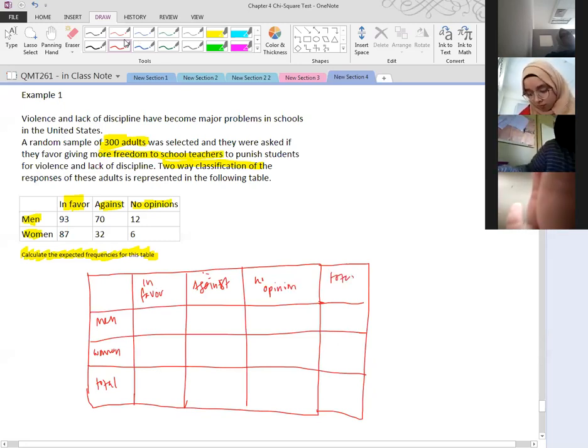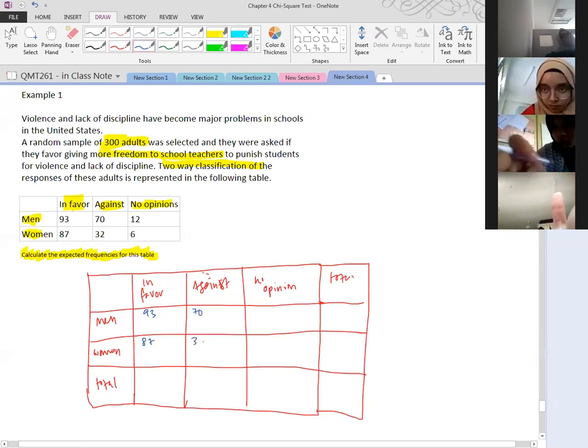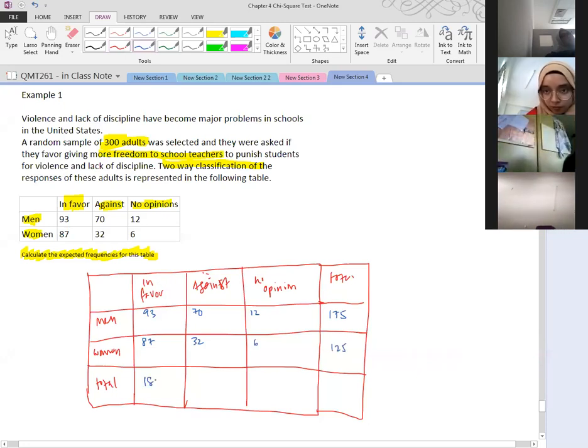So the value of observed, let me put in blue color, is 93, 87, 70, 32, 12, 6, right? And the total for men is 175, for women is 125, and in favor should be 180.